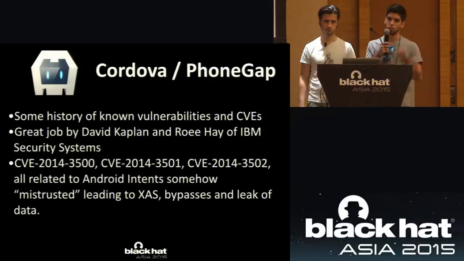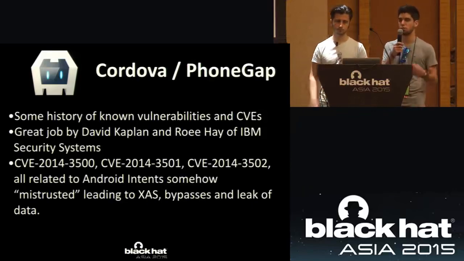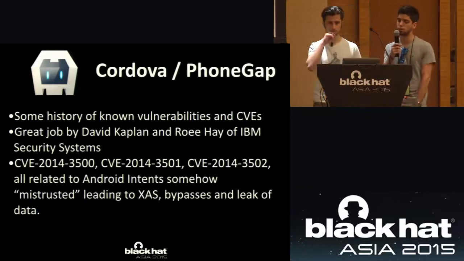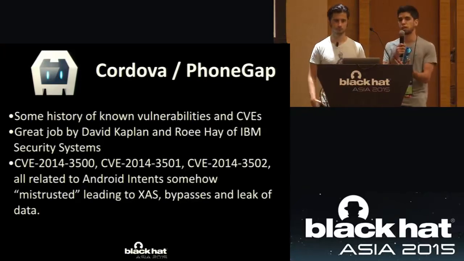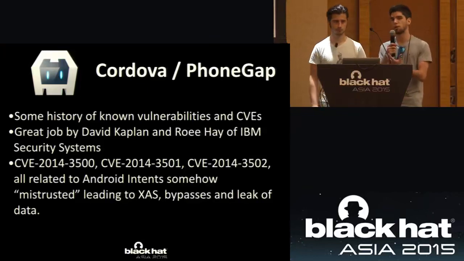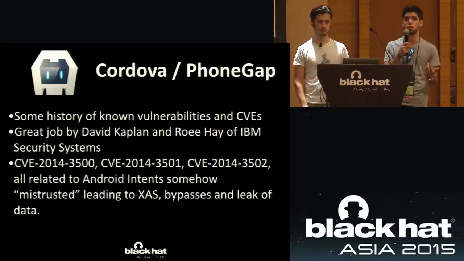So today we are going to do a review of those vulnerabilities, and we are going to show what the main problem with these vulnerabilities is and how it could be possible to pwn multiple applications in the market, because the Cordova Framework has already fixed these vulnerabilities, but the problem is that the developers are not using the latest version of the Cordova Framework, which means that they are still vulnerable.